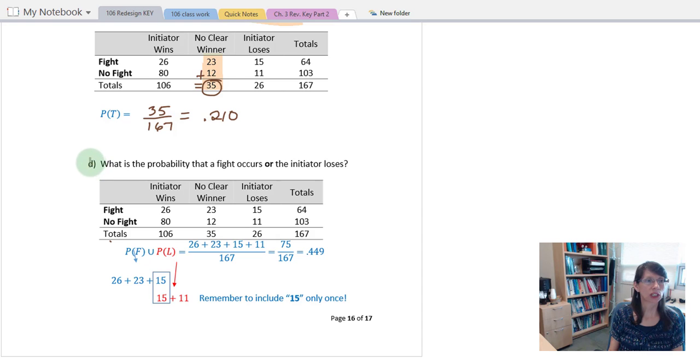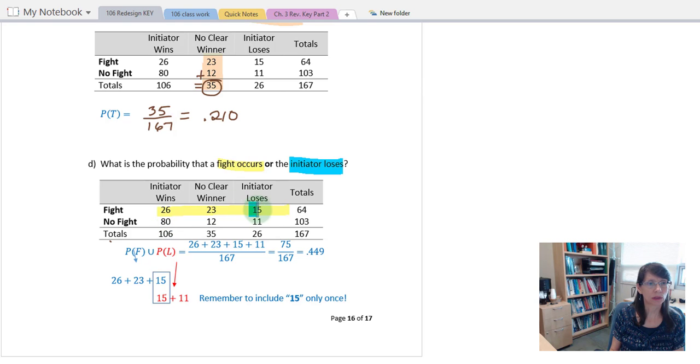For part D, the question is, what is the probability that a fight occurs or the initiator loses? So looking at the table, fight occurs involves the numbers 26, 23, and 15. And then we have initiator loses.